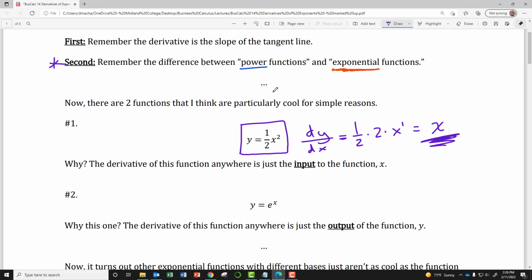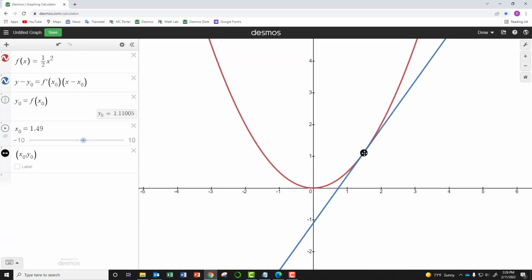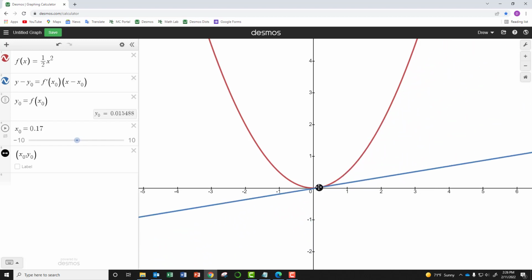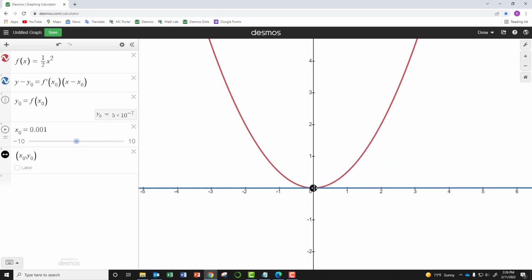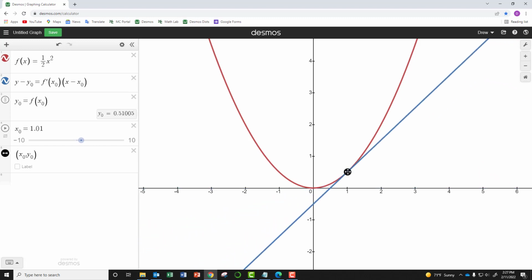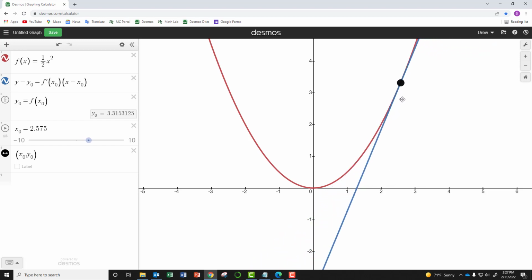So that means the slope of the tangent line of this curve anywhere is just the same as the input. And so again, my horizontal axis is my x-axis here. When I let x equal 0, the slope of my tangent line is 0, so it's flat. When x is equal to 1, the slope of this tangent line is 1. When x is equal to 2, the slope is 2. When x is equal to 3, the slope is 3.